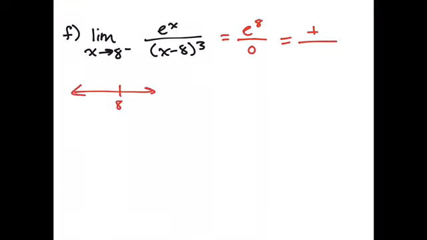I'm very visual about this stuff. Would be something like 7.9. 7.9 minus 8, that's a negative number. And if we cube a negative, we still get negative. So this one is going to negative infinity.